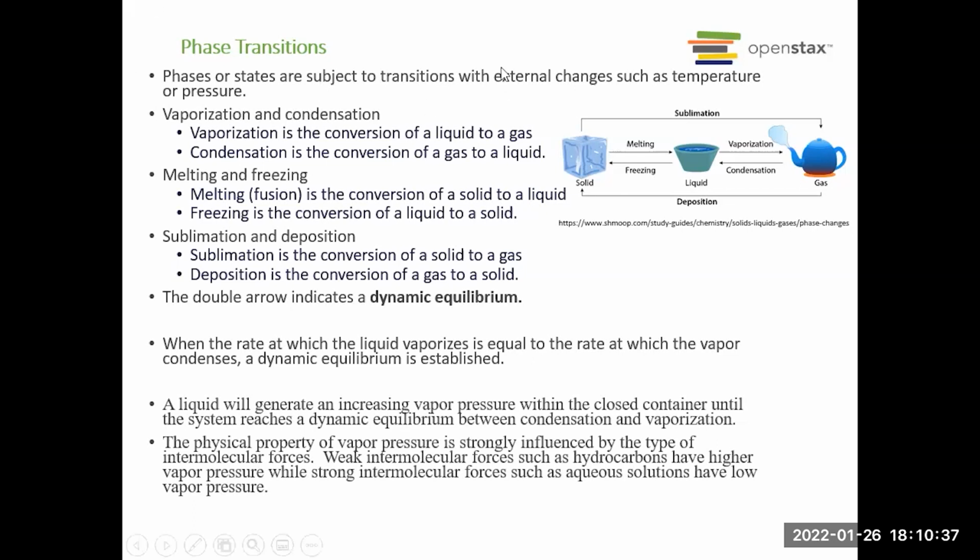Melting. Now, if we go from a liquid to a gas, that's either evaporation or vaporization. If I go from a liquid to a solid, freezing. If I go from a gas to a liquid, condensation.